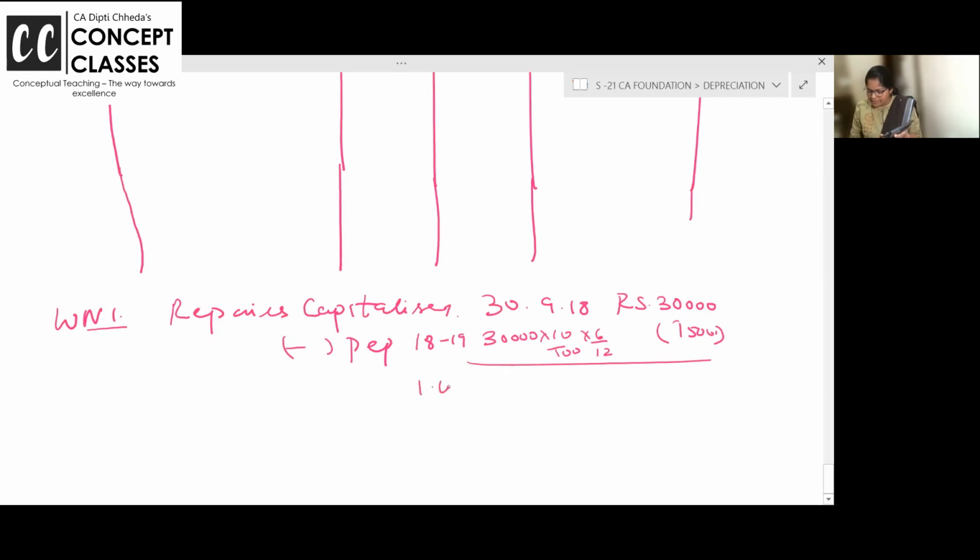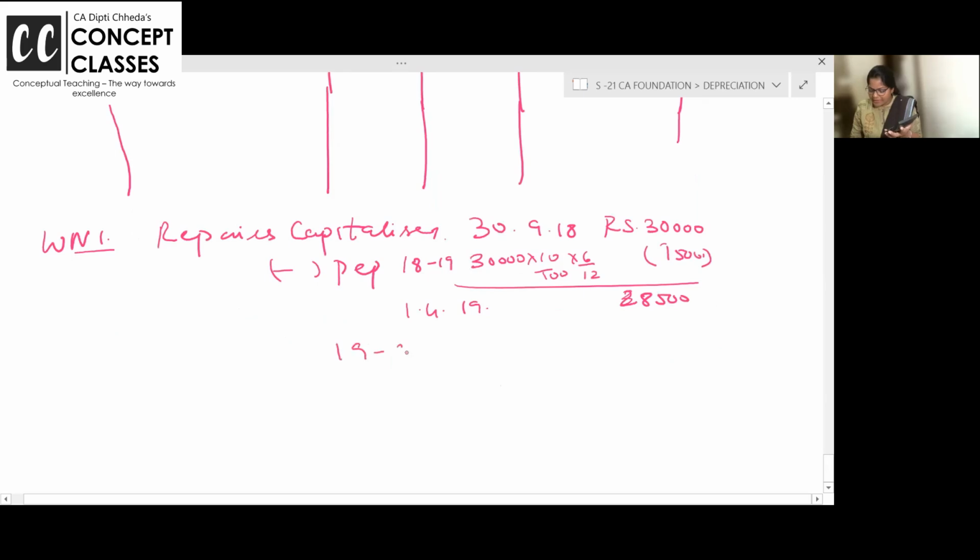So what will be the balance on 1/4/19? 28,500. Now 19 and 20, what will be the depreciation? 2,850. So even if you want to rectify the error, you had capitalized but you depreciated. Again, you depreciate. So if you want to reverse also, you reverse at today's value. What is the value as on 1/4/20? 28,500 minus 2,850, 25,650.